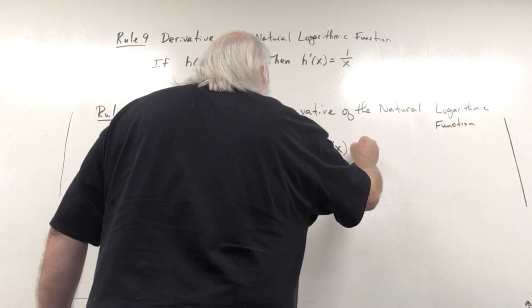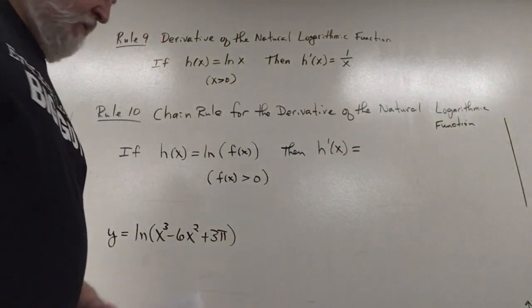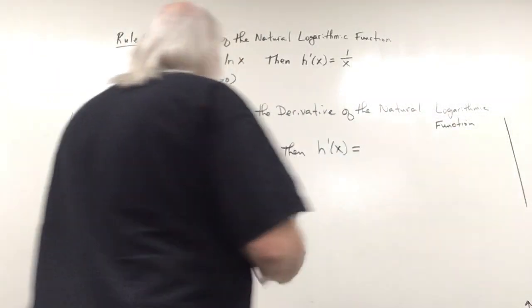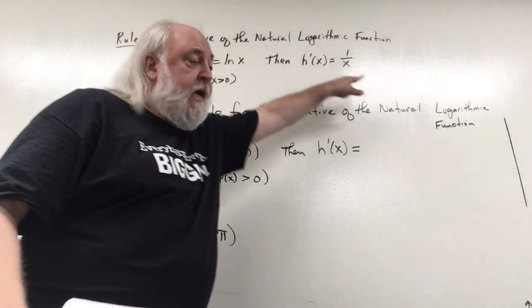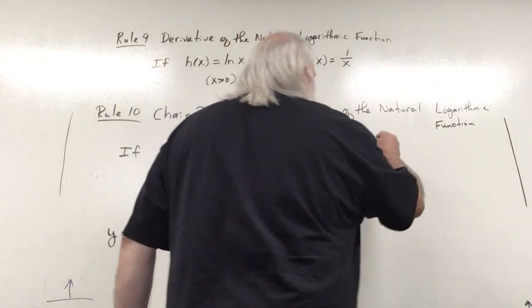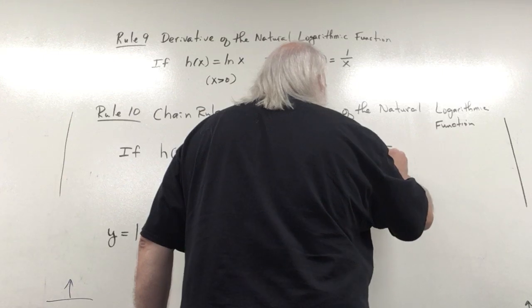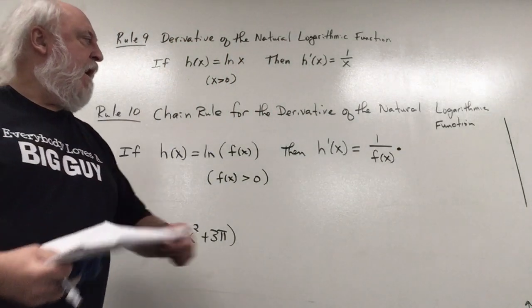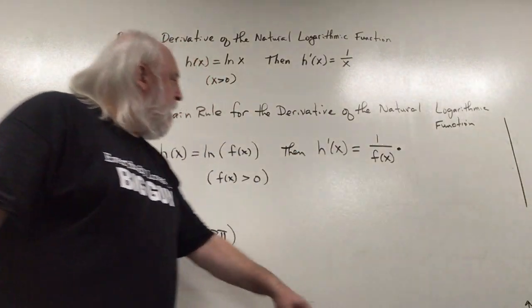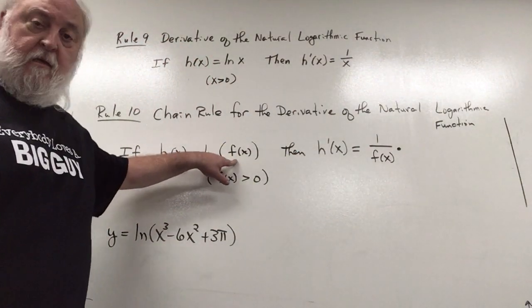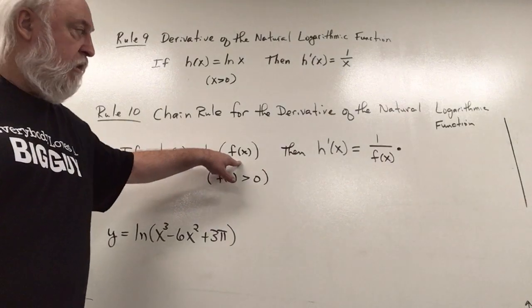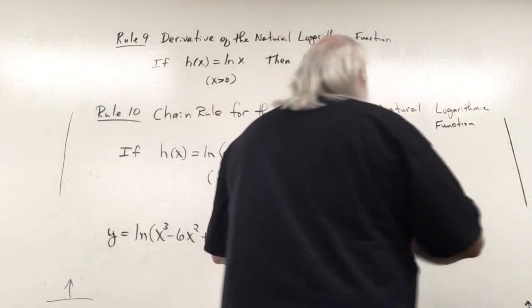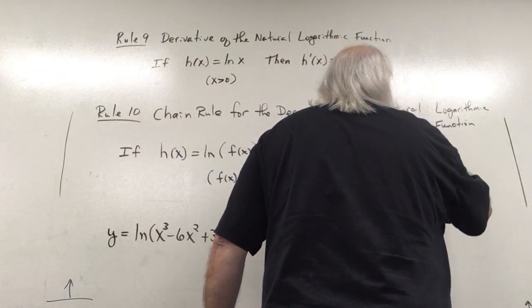If h of x is equal to the natural log of f of x, then the derivative of h of x, denoted h prime of x, is equal to, up here we did 1 over x, so now we're going to do 1 over f of x. But then we have to multiply that by the derivative of this function inside the natural log. And the derivative of f of x we denote with f prime of x.